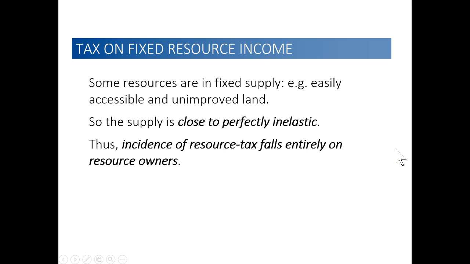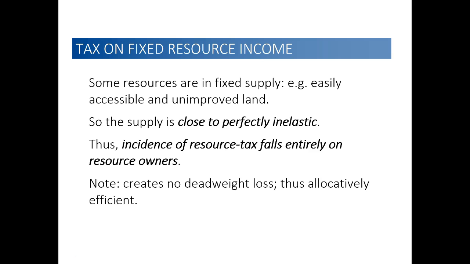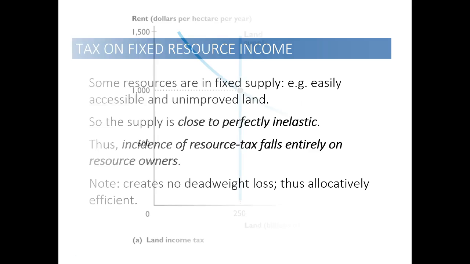In this case, if a tax, a resource tax for example, is imposed on the sellers, the original owners of the resource that's in fixed supply, that tax will be entirely paid by the resource owners. None of the tax will be paid by the buyers of the resource. So this creates no deadweight loss, and again, therefore, is allocatively efficient.